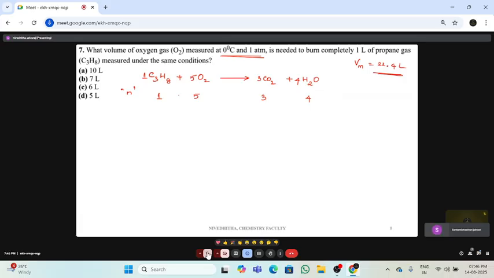If 1 mole of propane requires 5 moles of oxygen, then it is the same in liters also. If 1 liter of propane requires how much liter of oxygen then? It is just the unitary method. 5 liters, obviously.